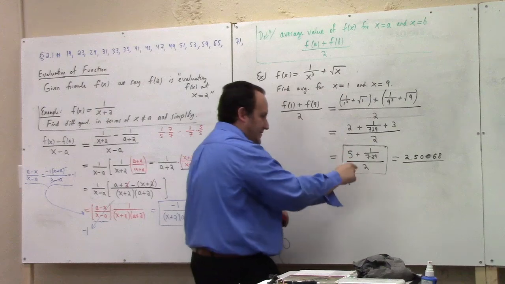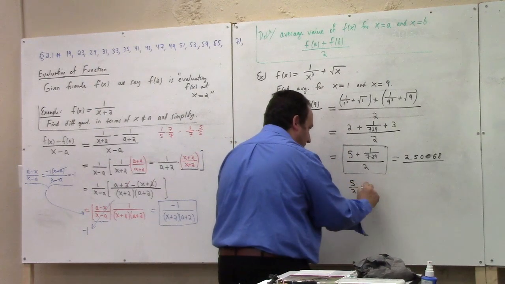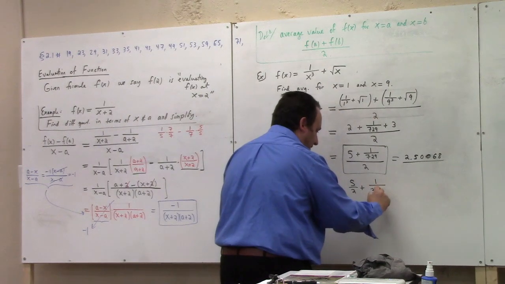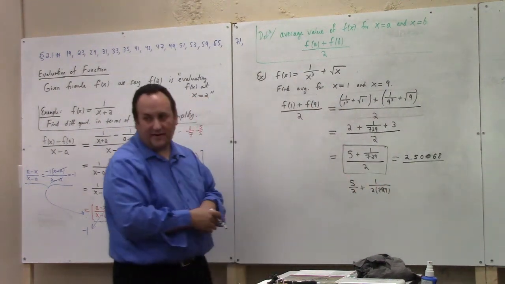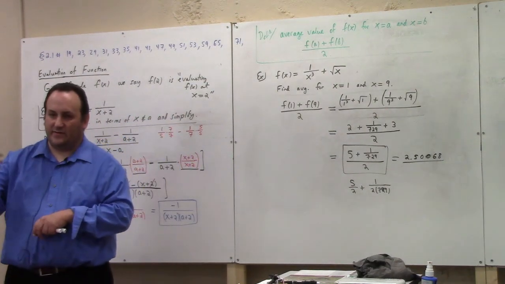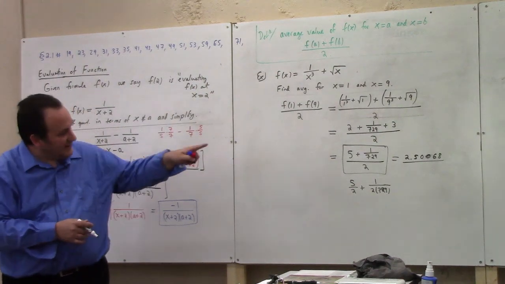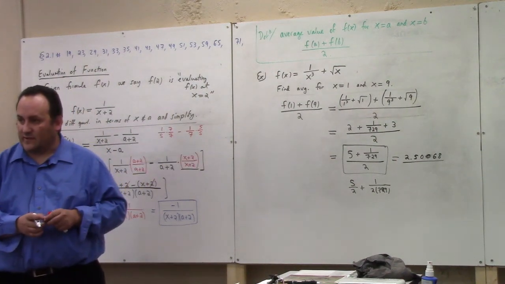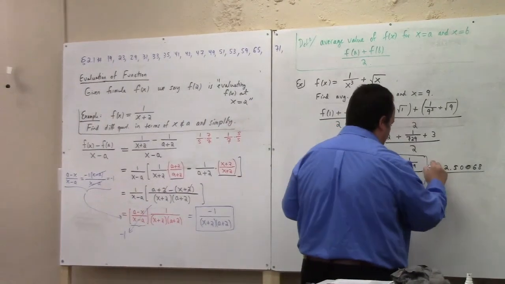So basically, what's going on here is 5 over 2 plus 1 over 2 times 729, right? So 5 over 2 is 2.5, and 1 over 2 times 729 is smaller than 1 over 1,000. That's why it's not appearing till the fourth decimal place, if you think about it. Anyway, there we go, approximately.